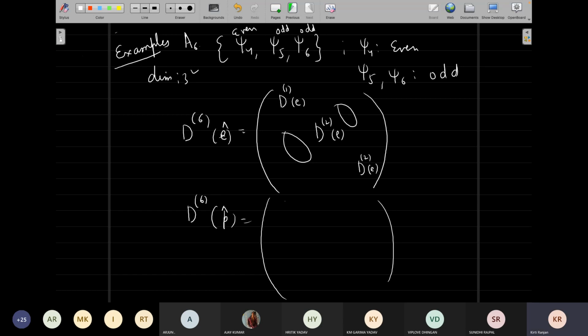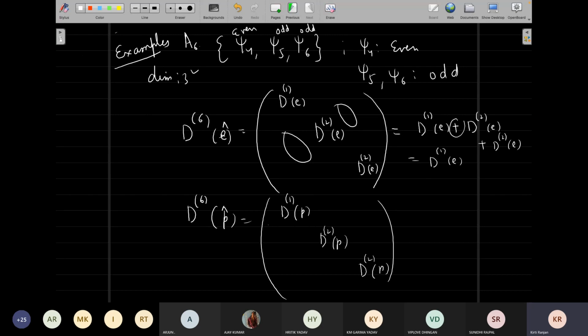Oh, okay, sir. So what about D6P? D1P, D2P and D2P. So if I want to write it as the direct sum, D1E plus D2E plus D2E, or simply D1E plus twice D2E, since it is a direct sum with the diagonals. And D1P plus 2D2P.